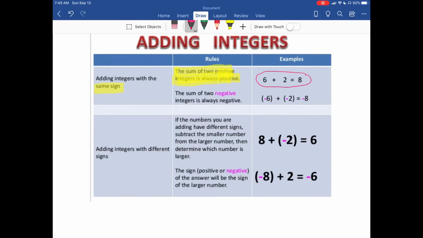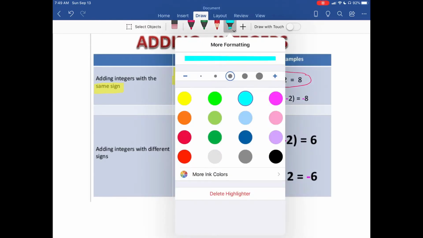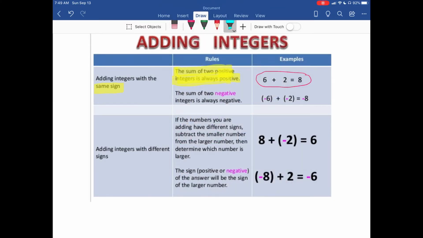Whereas if we're referring to the same sign, but now they're both negative, then our approach is we still take the sum of those two, but then our result is going to be a negative number. Meaning now if I have negative 6 and negative 2 and I add them, that results in negative 8.